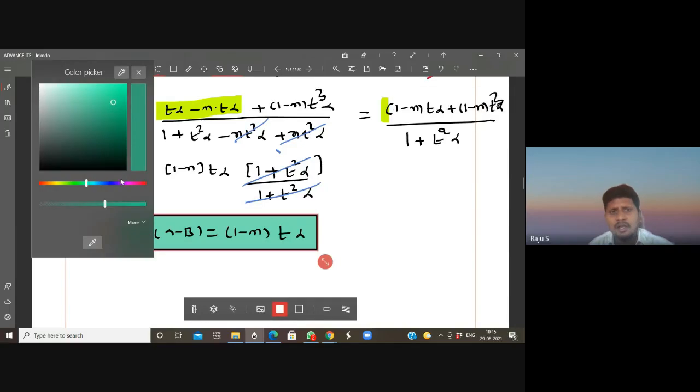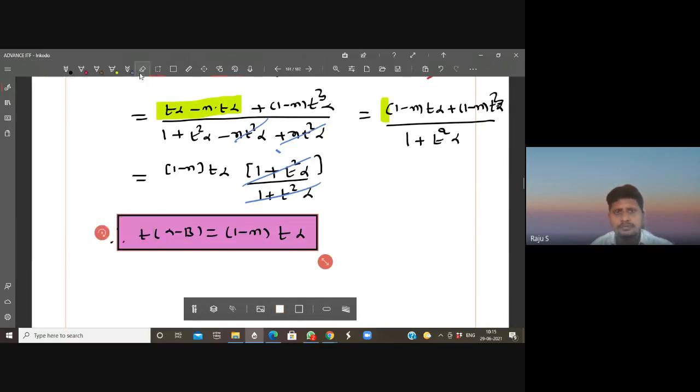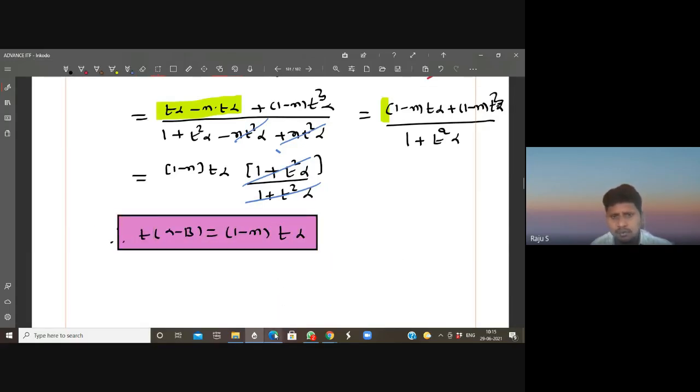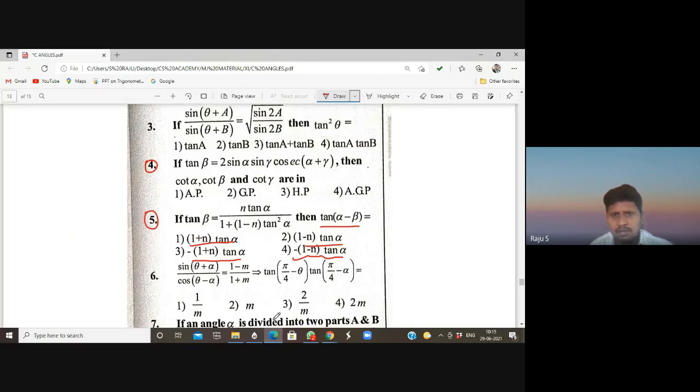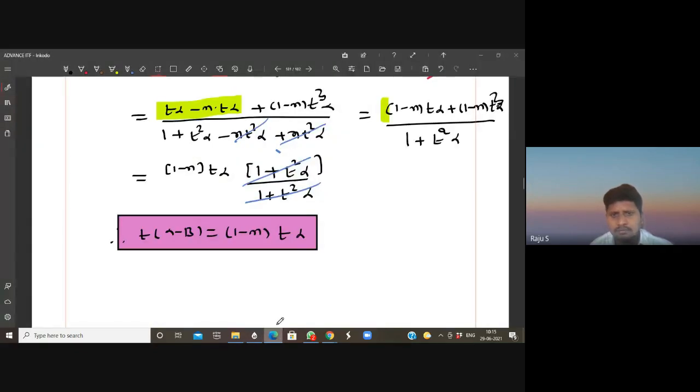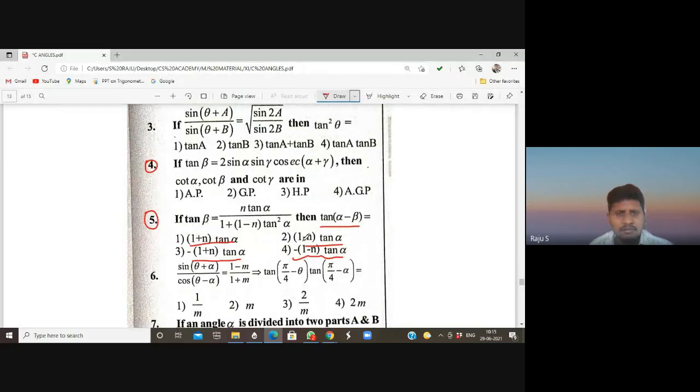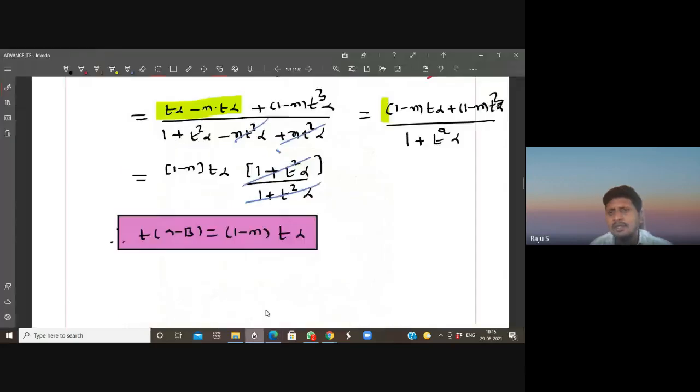Which of the following are correct, students? 1 minus n into tan alpha. Second one, am I right? The second one is correct. Any doubts here?